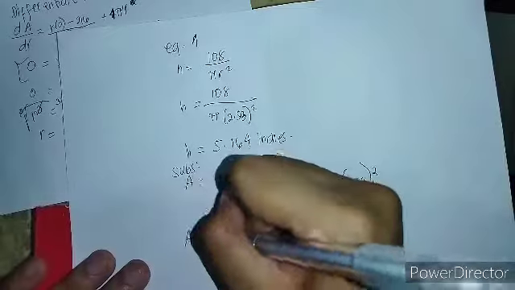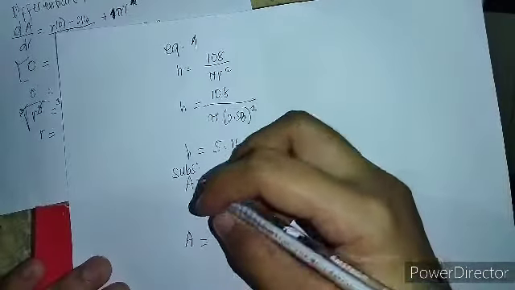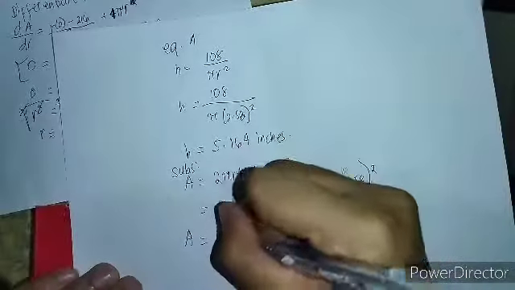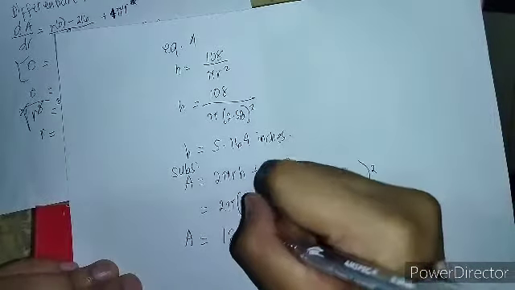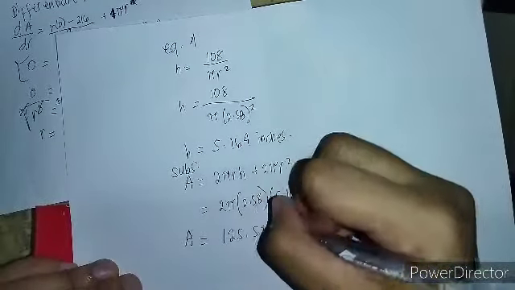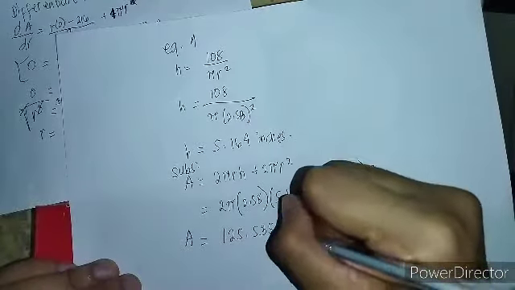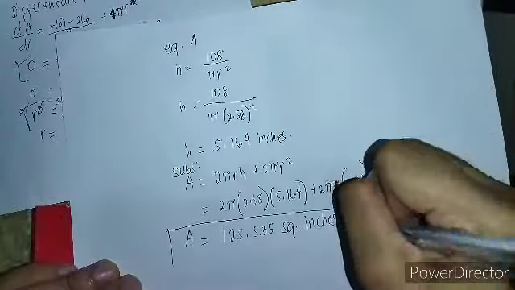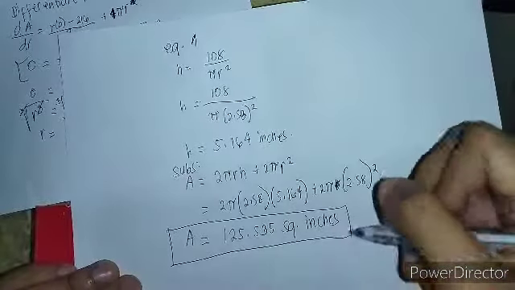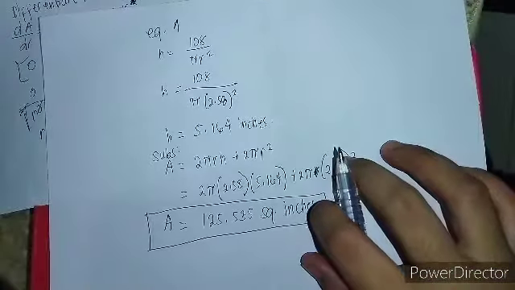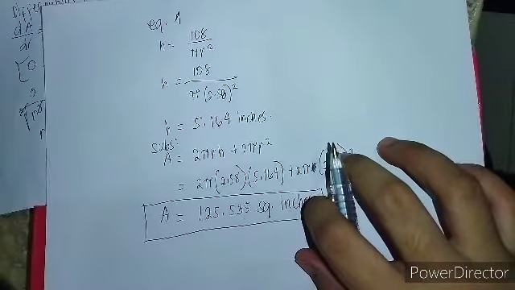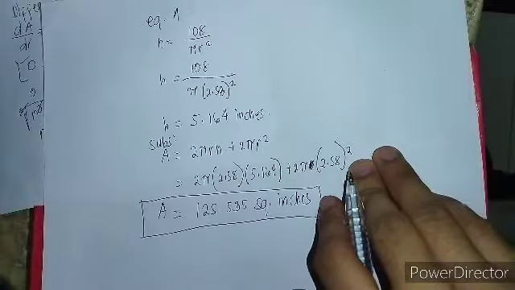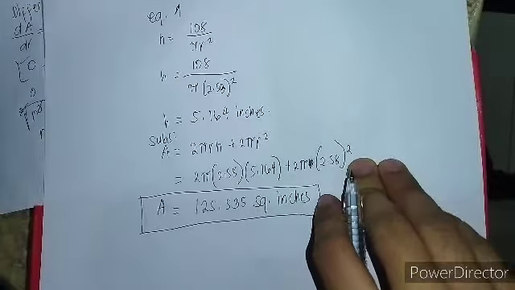So the area for the minimum amount of the thin sheet is 125.535 square inches. So this will be the final answer.